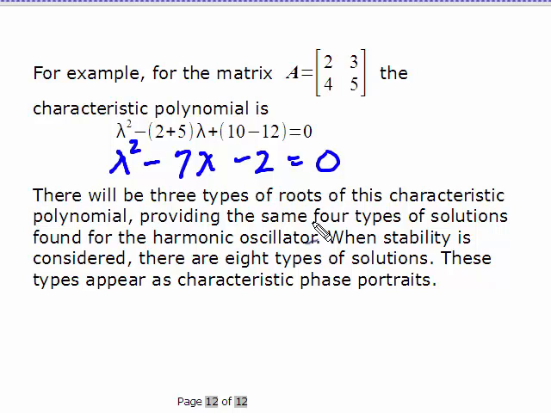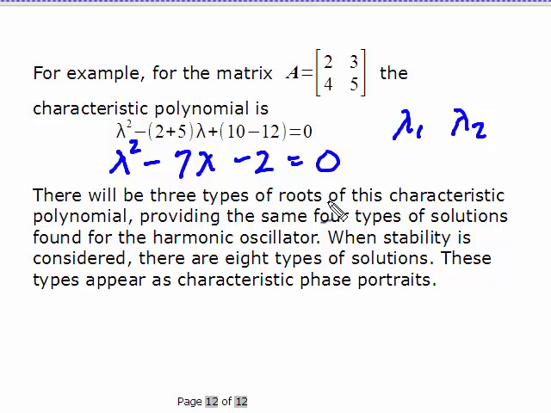So we expect 2 solutions, and we can have 3 types of roots. We can have 2 distinct real roots. We can have 2 equal real roots, or we can have complex conjugates. The complex conjugates can have 0 real part. Also, there's another special case in which one or both of these eigenvalues are 0.